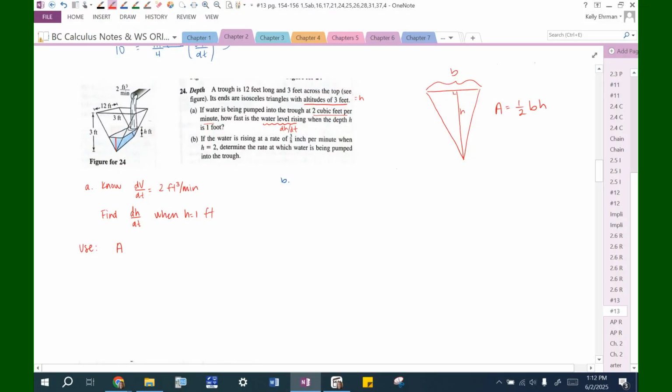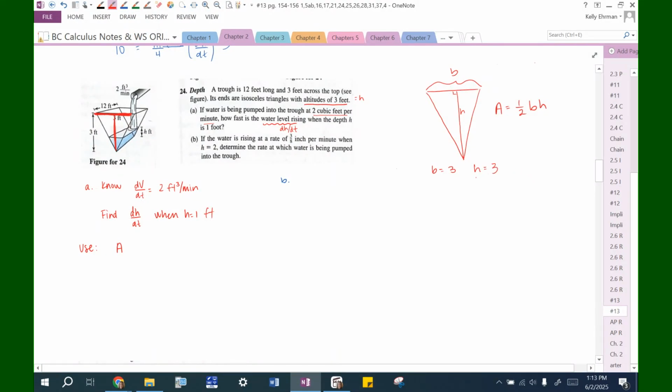And let's see, are we looking at a base at the highest part where the highest mark is? B equals 3, and we also know that the depth is 3.